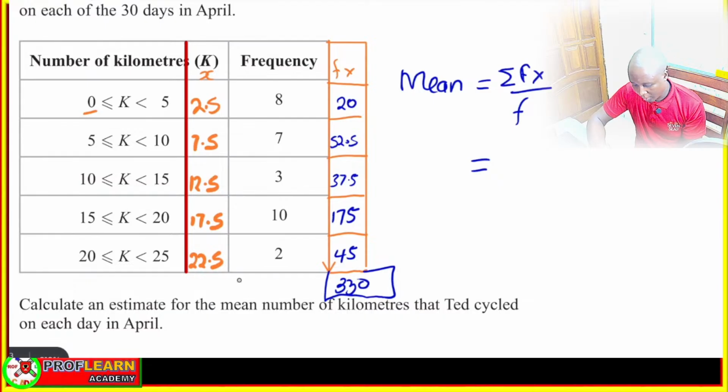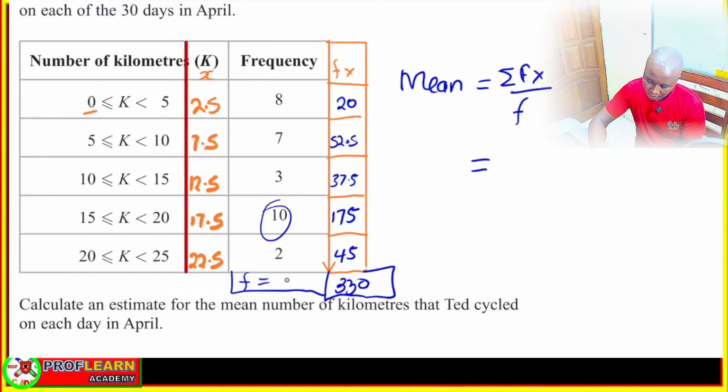And this is going to be divided by the summation of frequency. So we need also to find the total f. For this case, this is going to be 8, 15, 18, 28, and then with this we get our total 30.